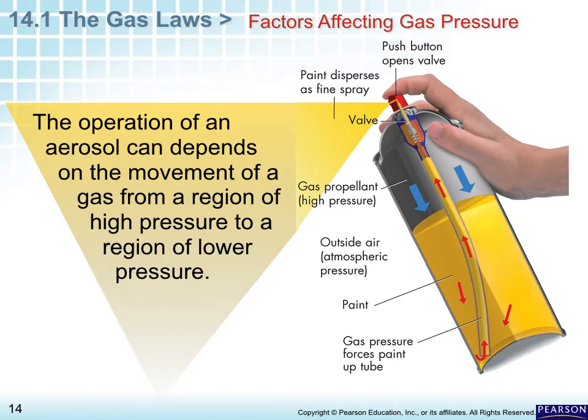When you push down the valve, the pressure allows the liquid to come out, and the gas wants to expand, because from high pressure it always goes to low pressure. As it's expanding and the liquid is coming out, the liquid is vaporized or aerosolized, and the gas continues to expand inside. That's why you don't want to turn it upside down, because the tube inside goes to the bottom of the container.